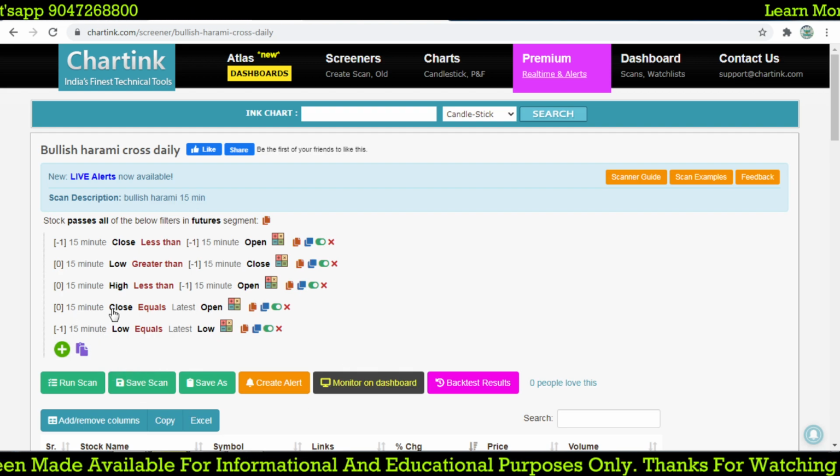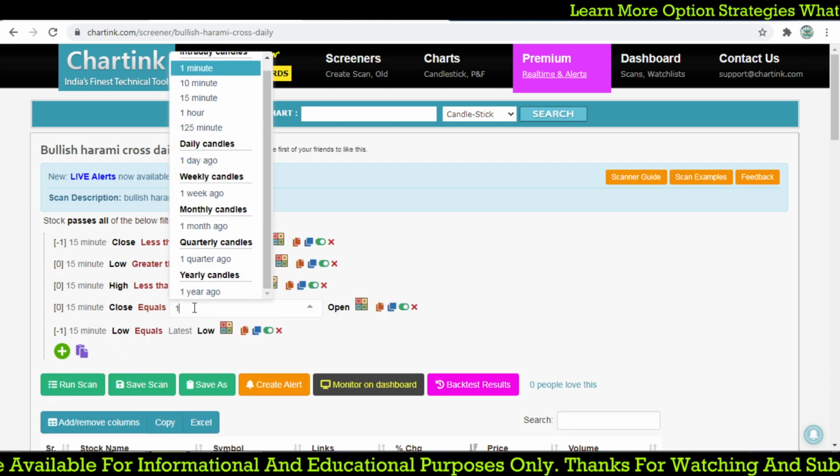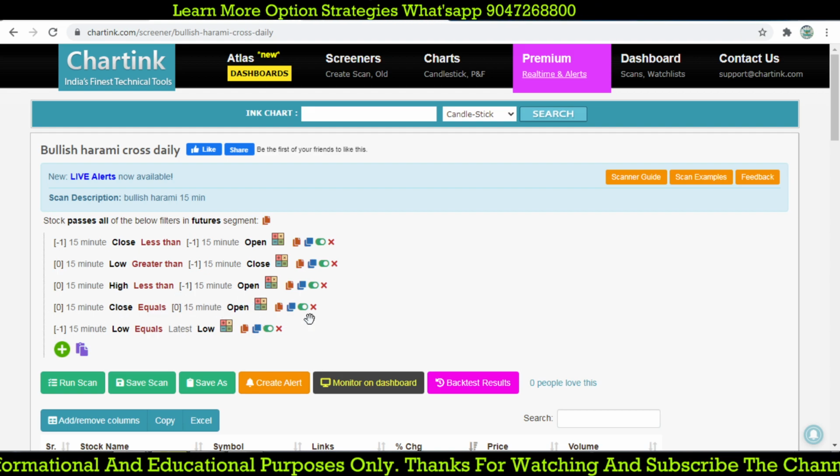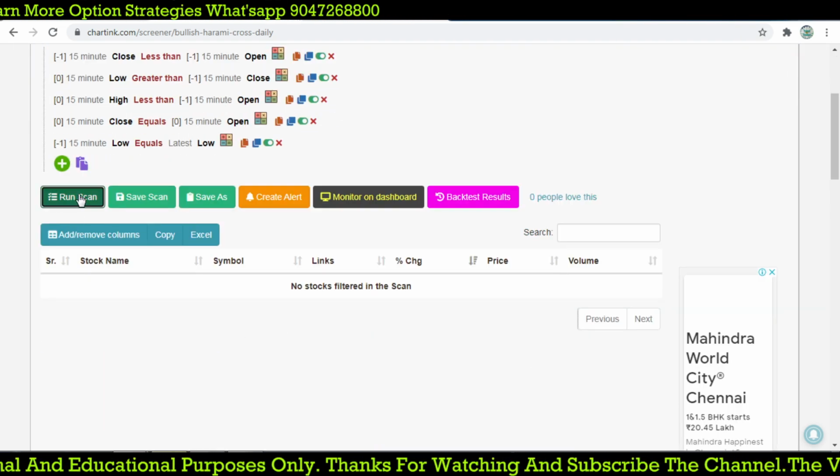What it means is close equal to open on the 15 minutes, and this function will call it a doji candle. So let's run the scan.